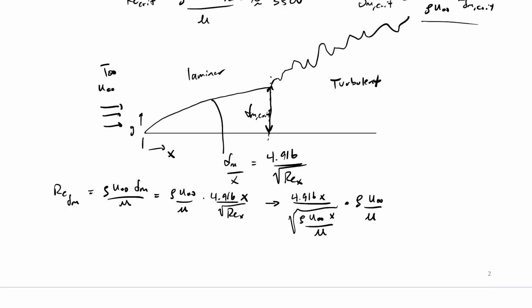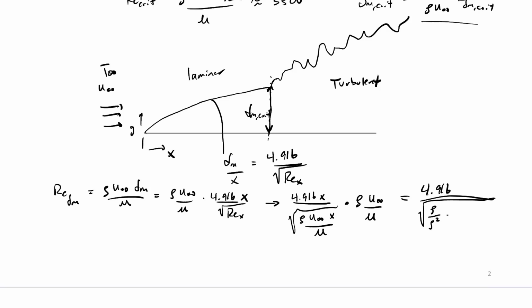Let's simplify that. Let's take rho u infinity mu and bring it inside the square root. If we do that, we end up with 4.916. Let's also bring x inside. We had rho originally, so we bring the other rho in, that's rho squared in the denominator.